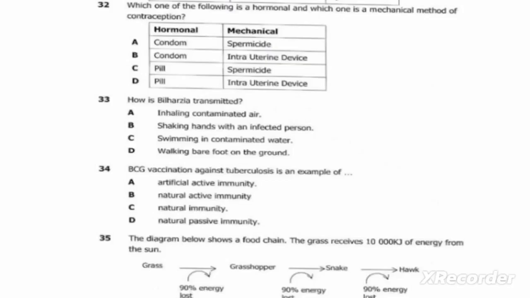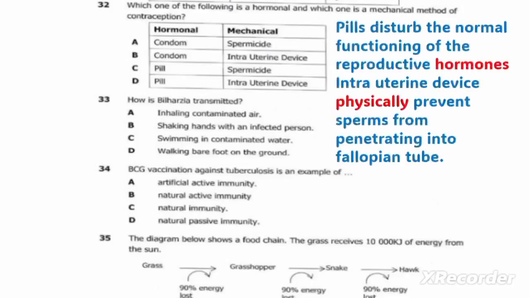So therefore we are going to say contraceptive pills disturb the normal functioning of the reproductive organs. Intrauterine device physically prevents sperms from penetrating into fallopian tube. So therefore, our correct answer, the one that is hormonal, is pill. Then mechanical, intrauterine device. Our correct answer therefore is D.